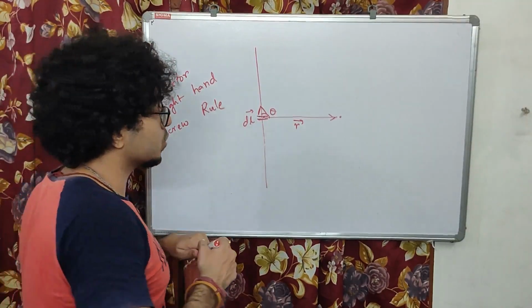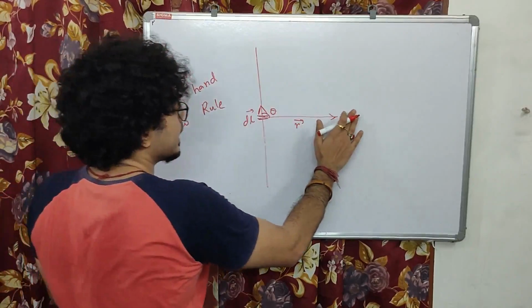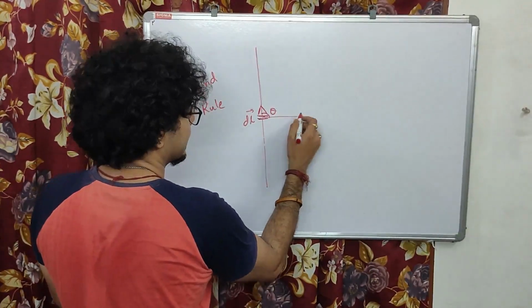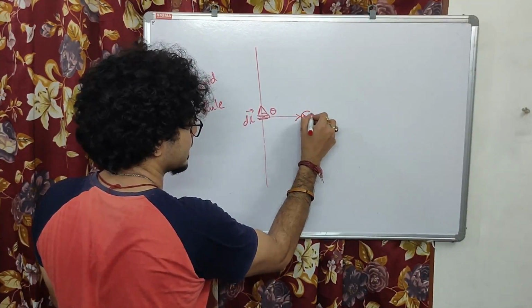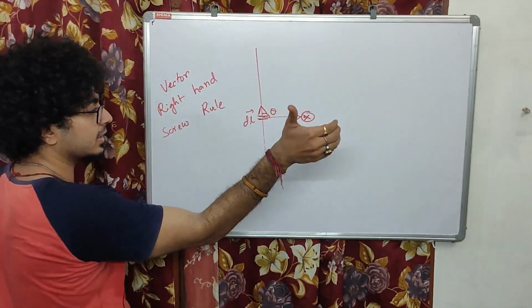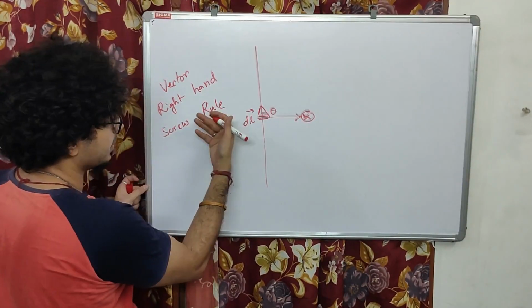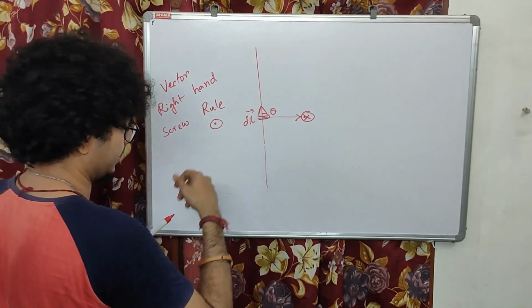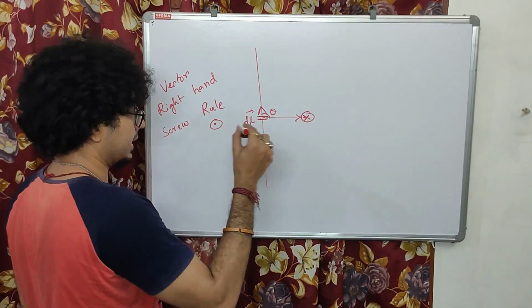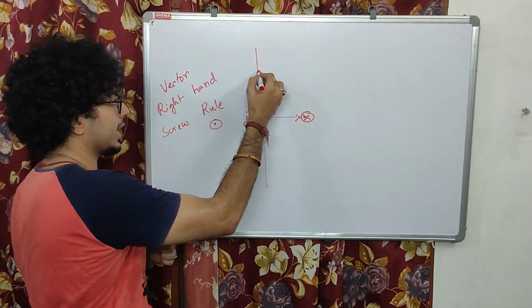Now you have understood how the magnetic field is produced. So at this point the magnetic field is in this direction. Here the magnetic field is coming out, so this dot circle represents the magnetic field coming out. The magnetic field enters like this and comes out like this, due to this current carrying wire.